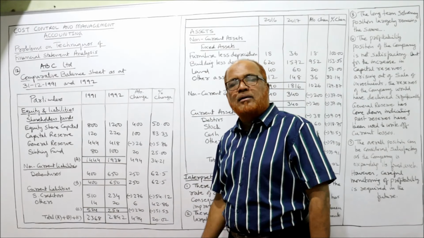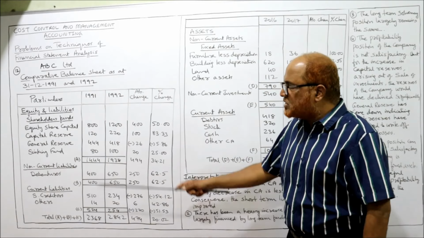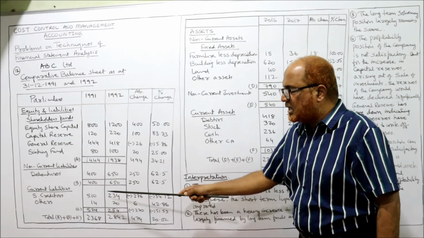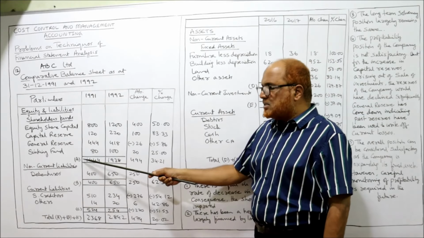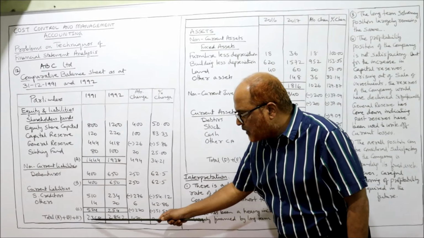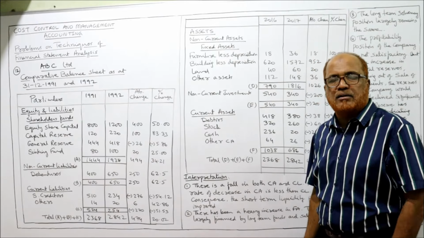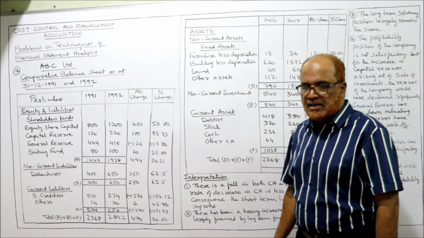Then current liability, 2 items, sundry creditors and other current liabilities. Whatever amounts are given in the problem, the same amounts I have taken for last year and current year. A is the total of shareholders fund, B is the total of non-current liabilities, C is the total of current liabilities. A plus B plus C, the total of the liabilities side, is 2368 last year, 2842 current year. That's it. Now the asset side.